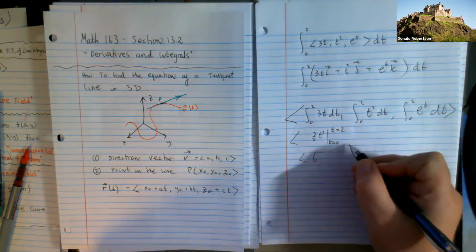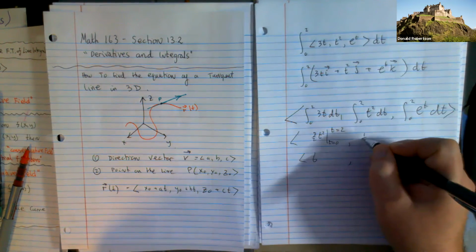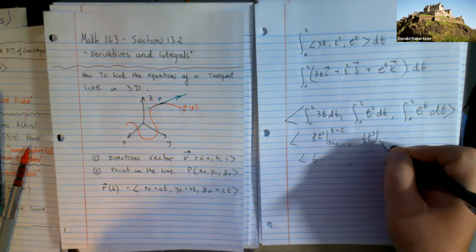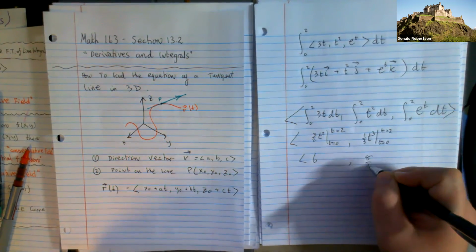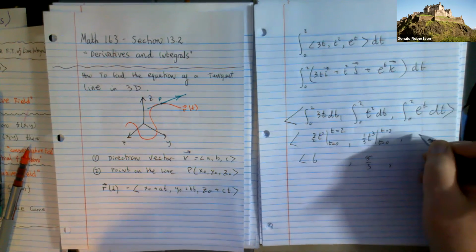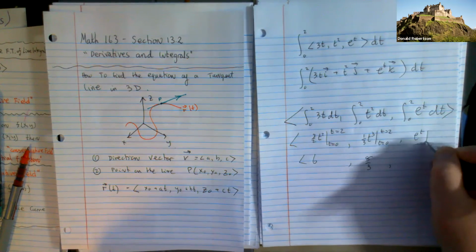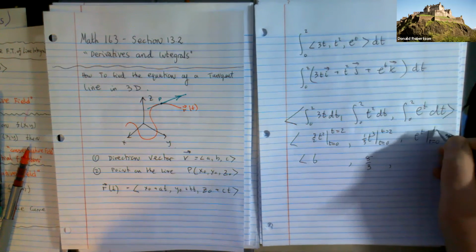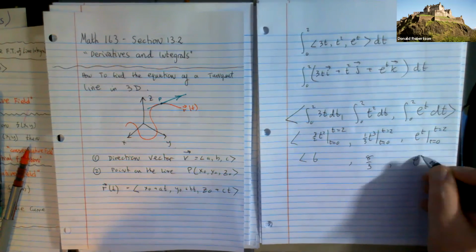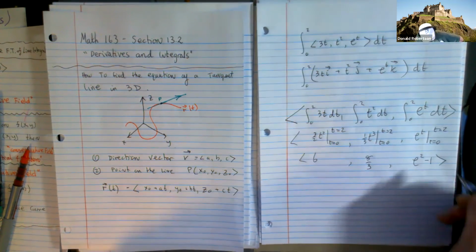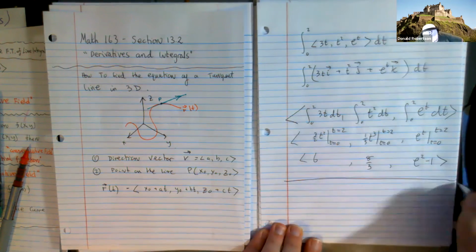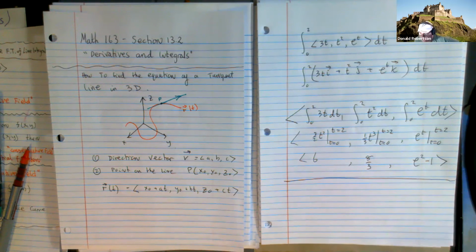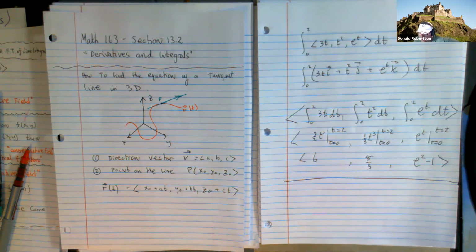Okay, the first one is done. 1/3 t cubed evaluated at 0 and 2 will get you 8/3. And e to the t evaluated at 0 and at 2 gets you e squared minus 1. So the process of integration of space curves, isn't it just do the thing 3 times?